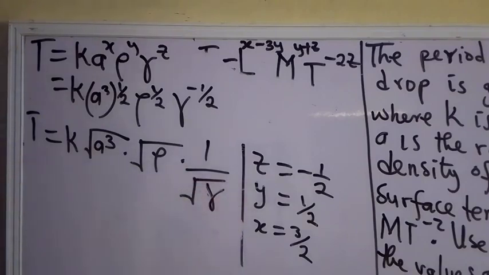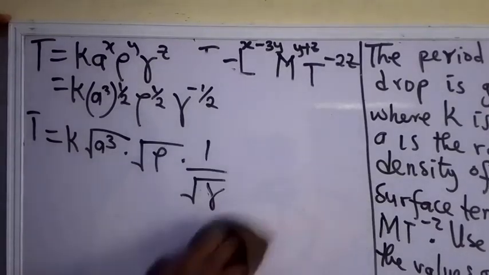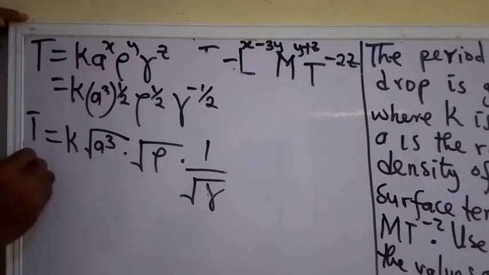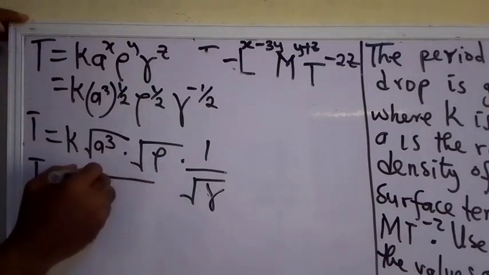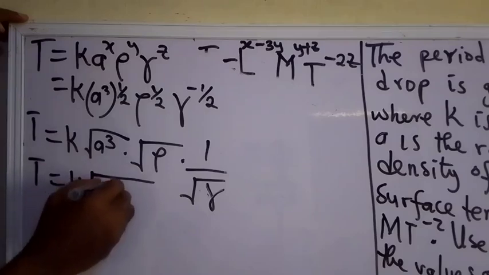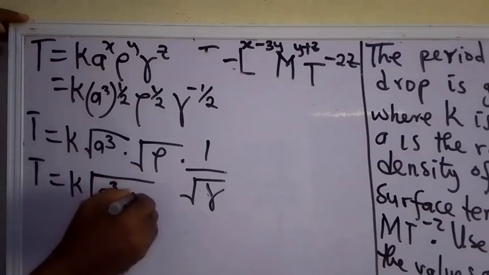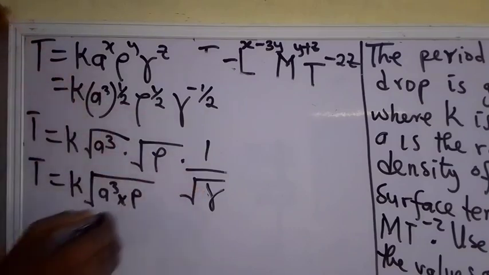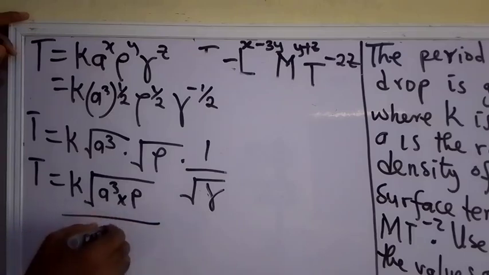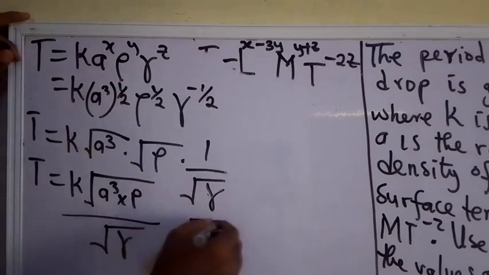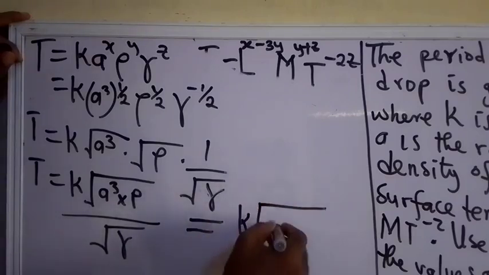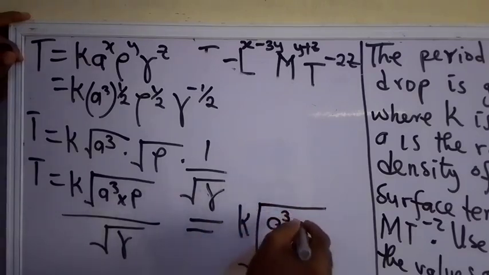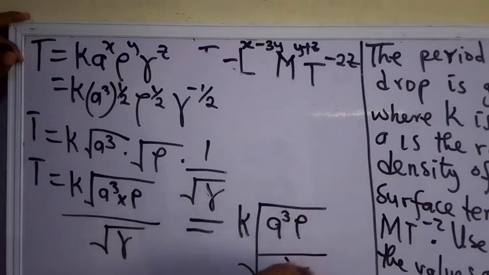Now you can try and make the whole expression a bit cleaner by saying this is a raised to power 3 times rho, since this is dividing, all over square root of tau. Of course, this is the same thing as k, all square root a raised to power 3 rho over tau.